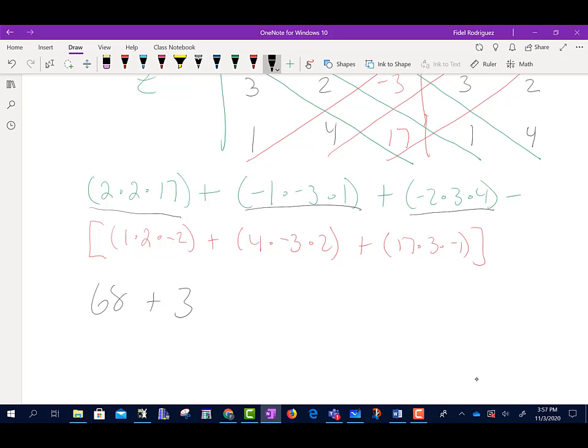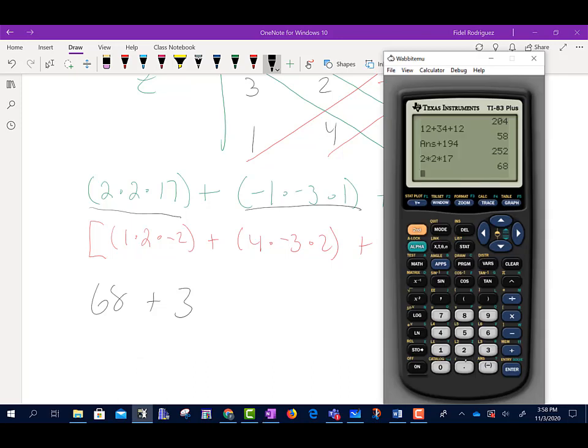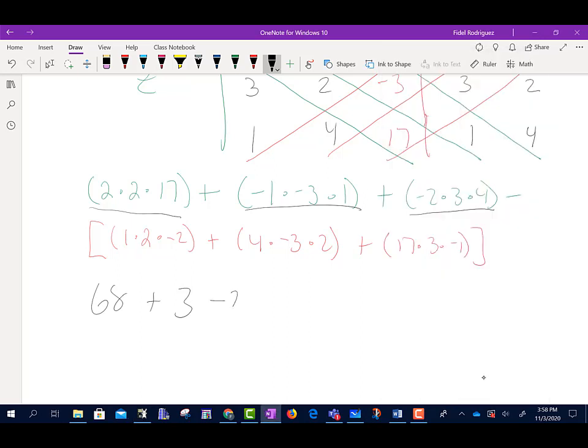Negative 2 times 3 times 4 is negative 24. Okay. Minus, let's see, that's a negative 4. This here, 4 times 3 is 12, times 2 is a negative 24. And this is a negative 51.